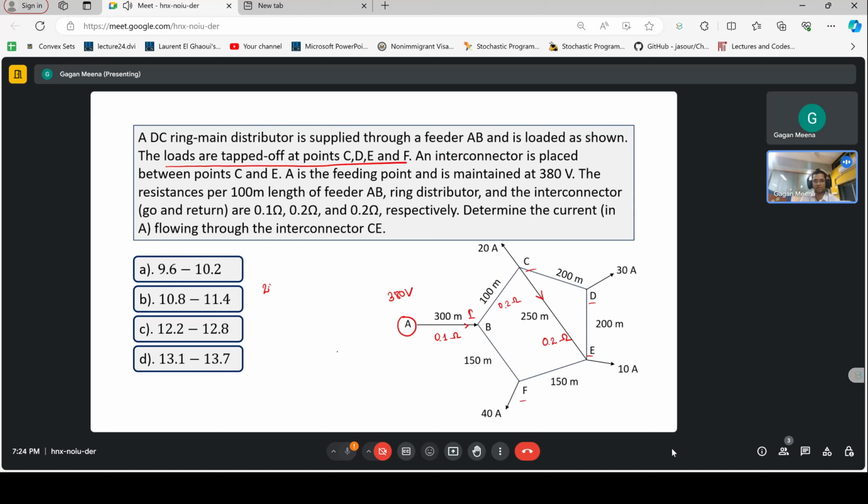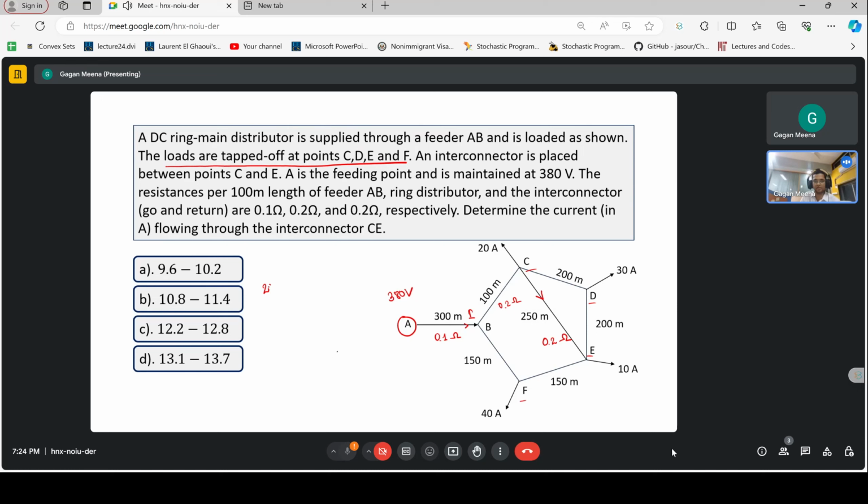So this is I, this is I minus 20, and this is I minus 40.